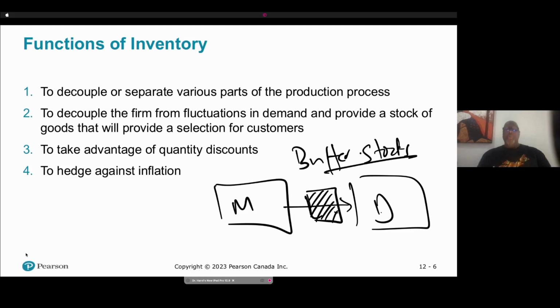Imagine if there were no buffer stocks. If the manufacturing system breaks down, then it means that you have no inventory at your distribution centers. And then if there's a demand that comes to the distribution center, it will not be filled. So therefore you'll have a shortage.